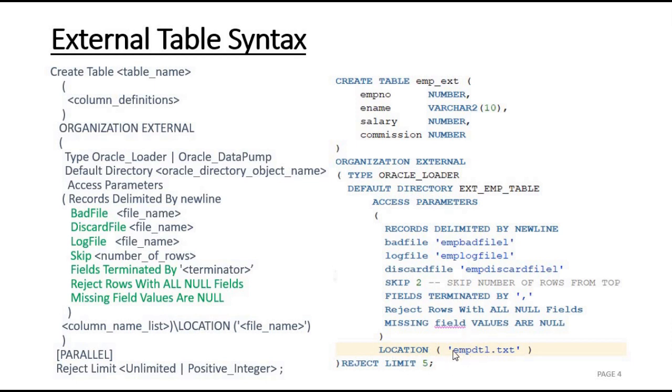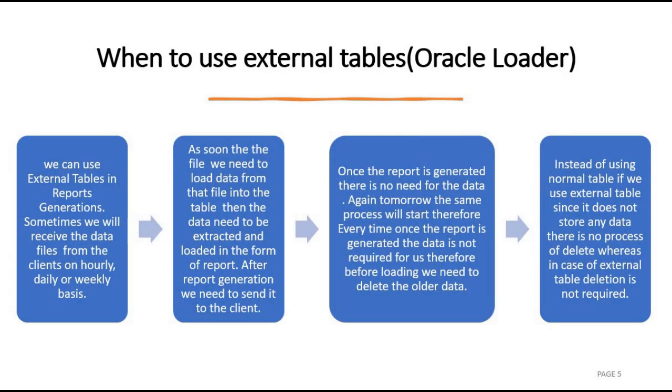Here we need to define the exact external file name, so we mention the file name here, .txt or it can be CSV. Reject limit is how many rejections can happen. In case of any failure, how many rejections it will accept can be controlled using this reject limit. That is also optional.